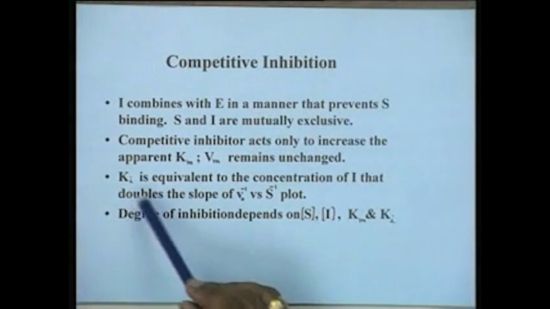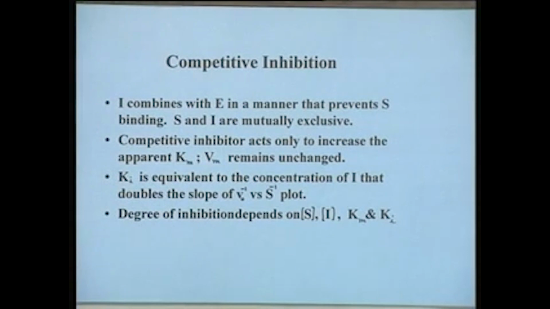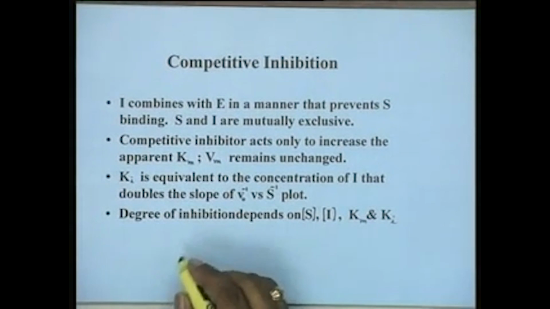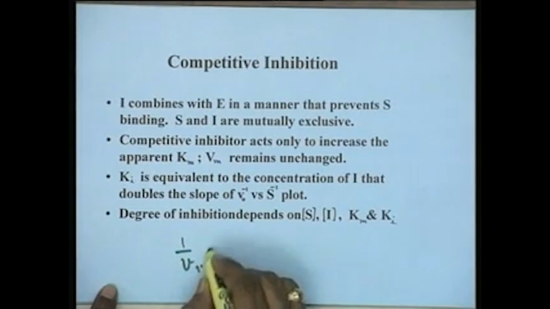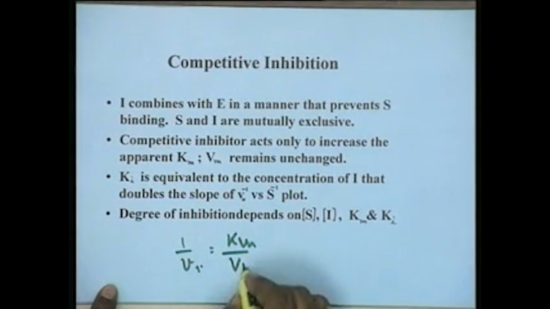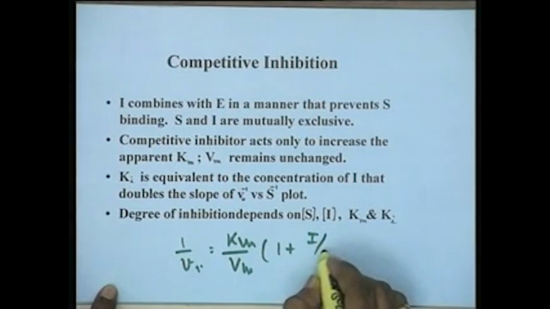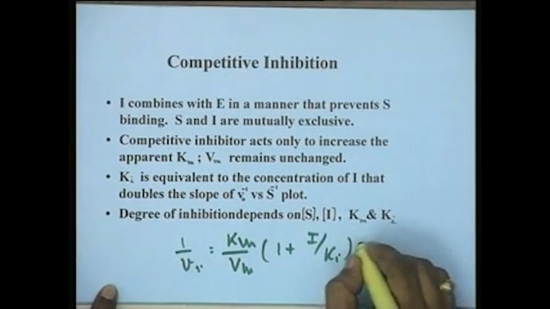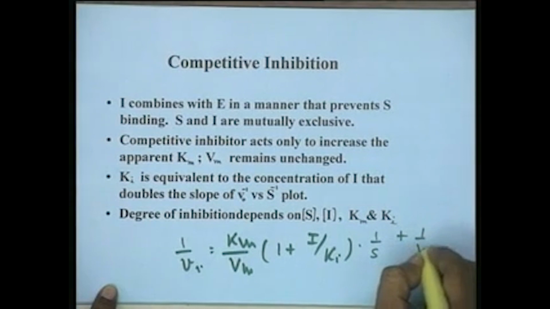Then the inhibition constant, that means the dissociation constant for the reversible binding of enzyme with the inhibitor, is equivalent to the concentration of inhibitor that doubles the slope of the initial reaction velocity double reciprocal plot, that means the 1 upon V versus 1 upon S plot. Now, if you recall, in the case of competitive inhibition, we had seen that 1 upon Vi was equal to Km upon Vm into (1 plus I over Ki) into 1 upon S, plus 1 upon Vm.